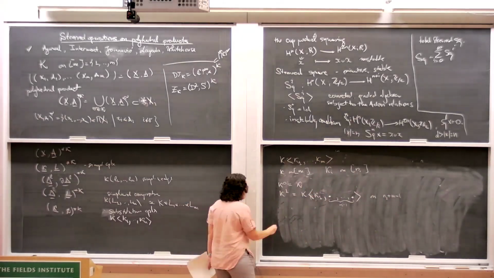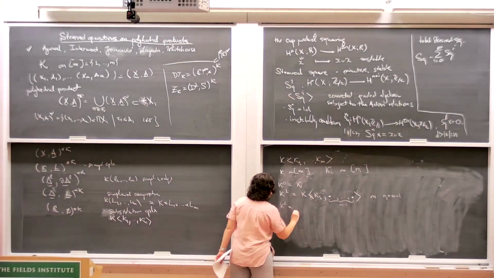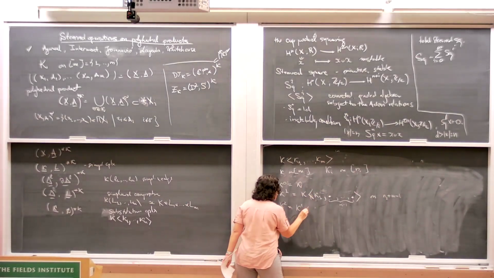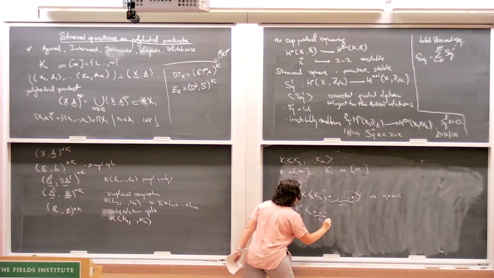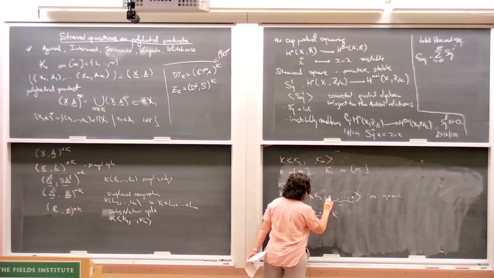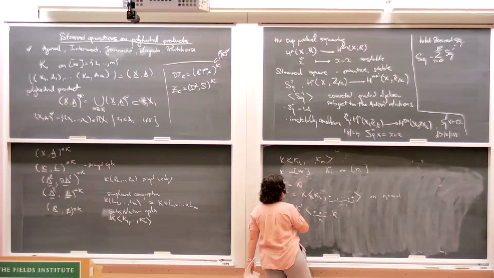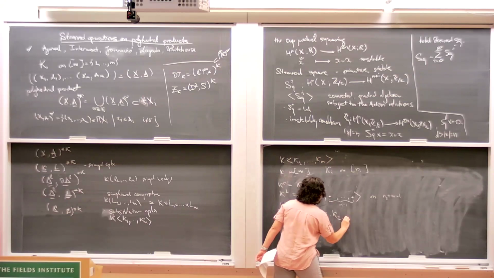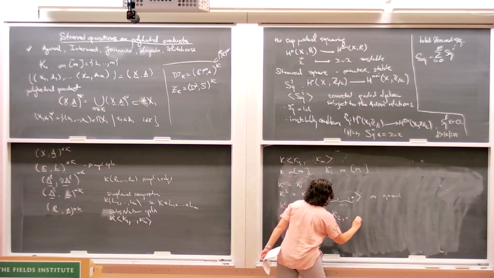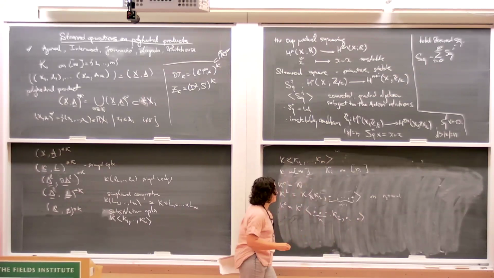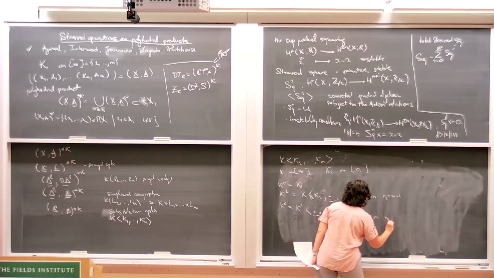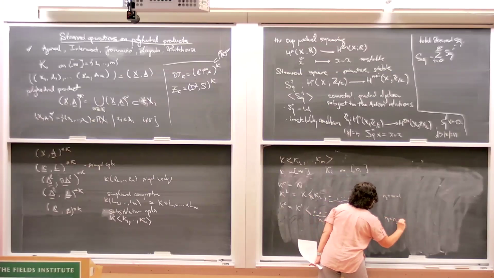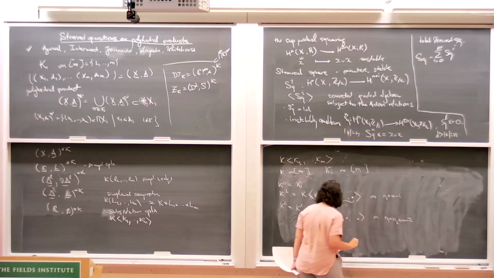Then K2 will be K1, then you have these dots, vertices, and instead of the second vertex in K you put K2, and the rest you keep as it was. So this is a complex now on n1 plus n2 plus m minus 2 vertices.